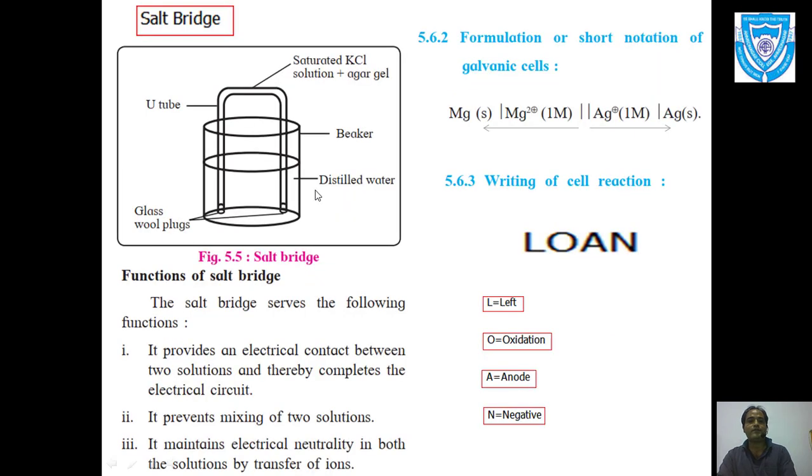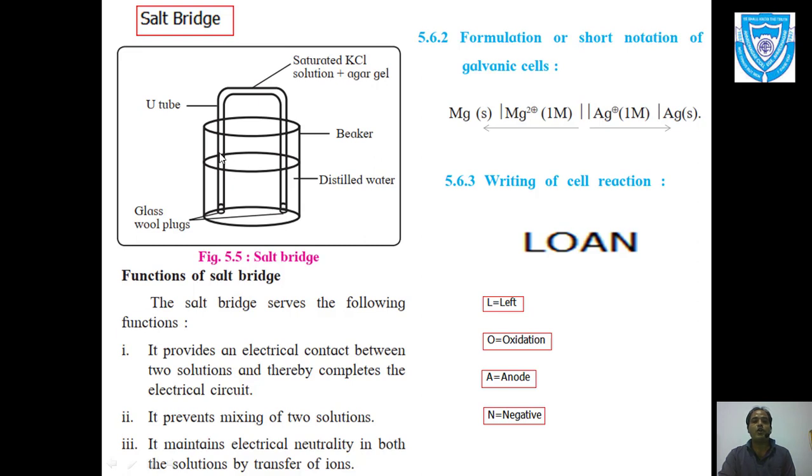Now the next one, salt bridge. Salt bridge means an inverted U-shaped tube which contains KCl solution plus 5% of agar gel. This inverted tube, or the salt bridge, is used in the galvanic cell to complete its circuit.